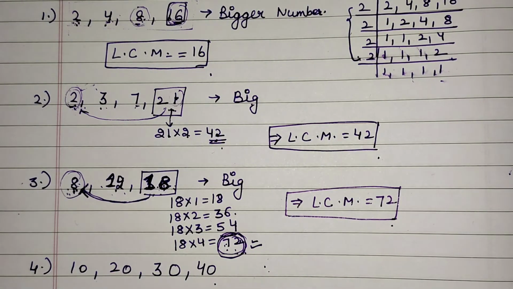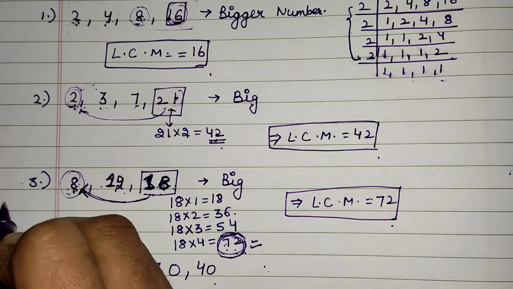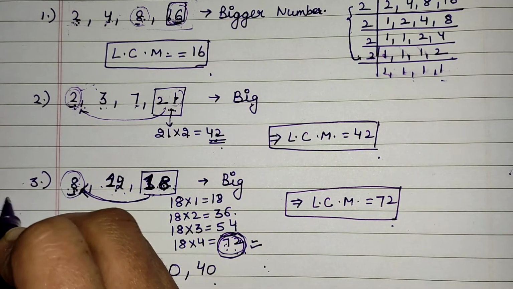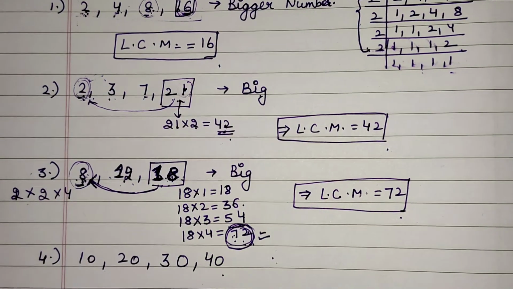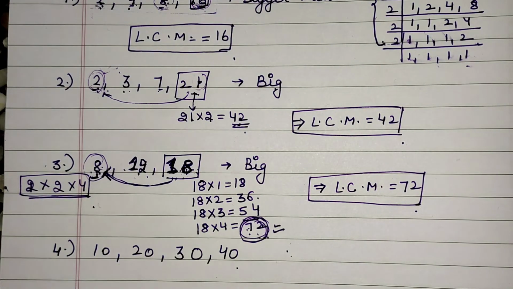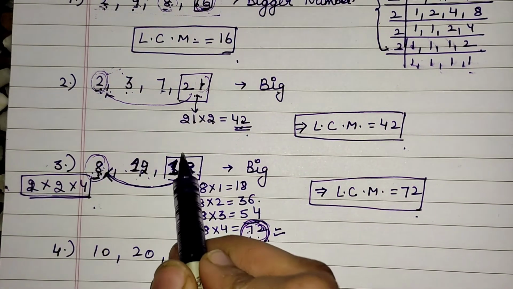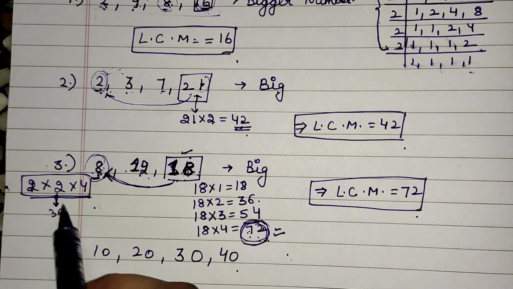Or I can give you one more trick. You can write the factors of 8 as 2 into 2 into 2, right? Now if you multiply your 18 with 2, what do you get? You get 36.